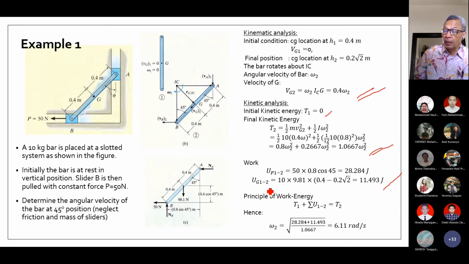Pakai kecepatan relatif atau mau pakai absolute method, silakan. Tapi Anda tahu kita di sini hanya butuh informasi pada satu posisi 45 derajat, pakai metode instantaneous atau kecepatan relatif, itu lebih cepat karena tidak perlu menganalisis gerakan pada seluruh posisi.